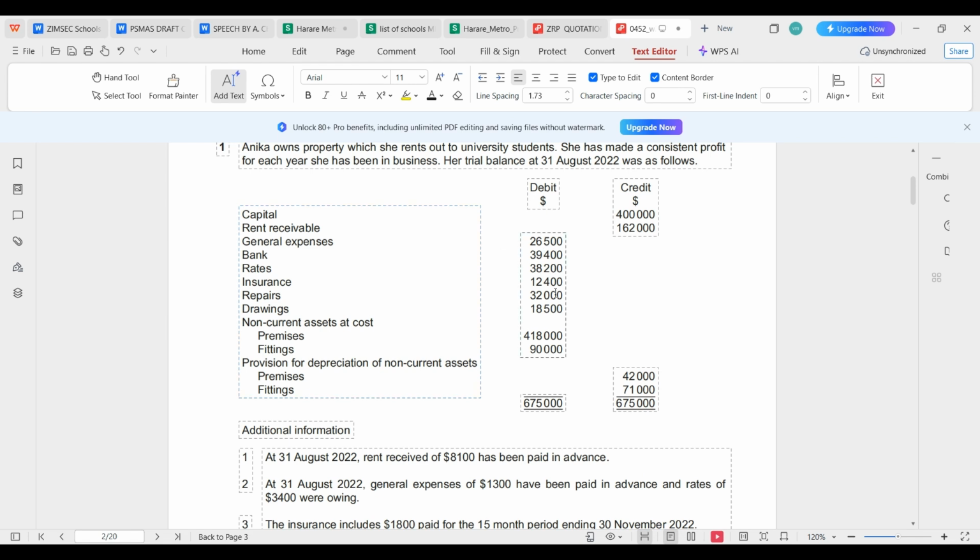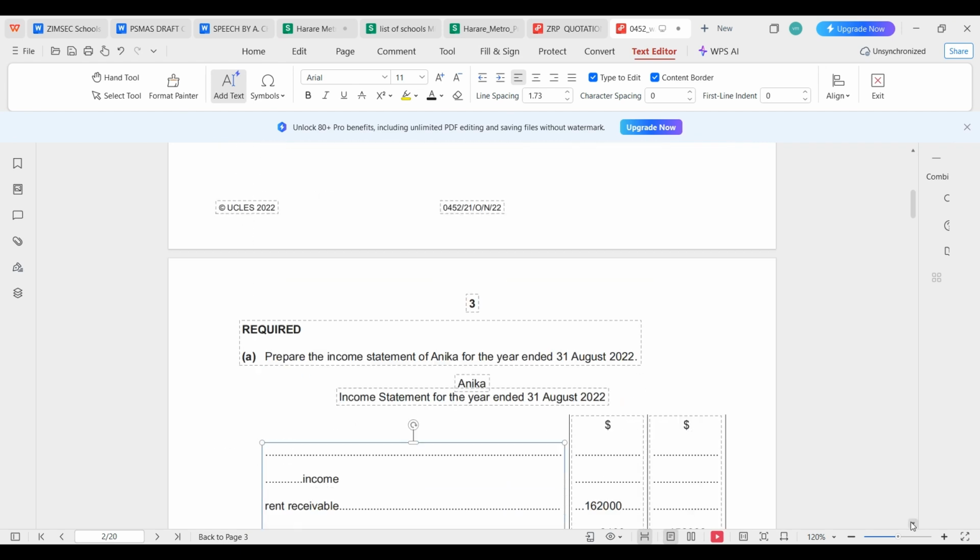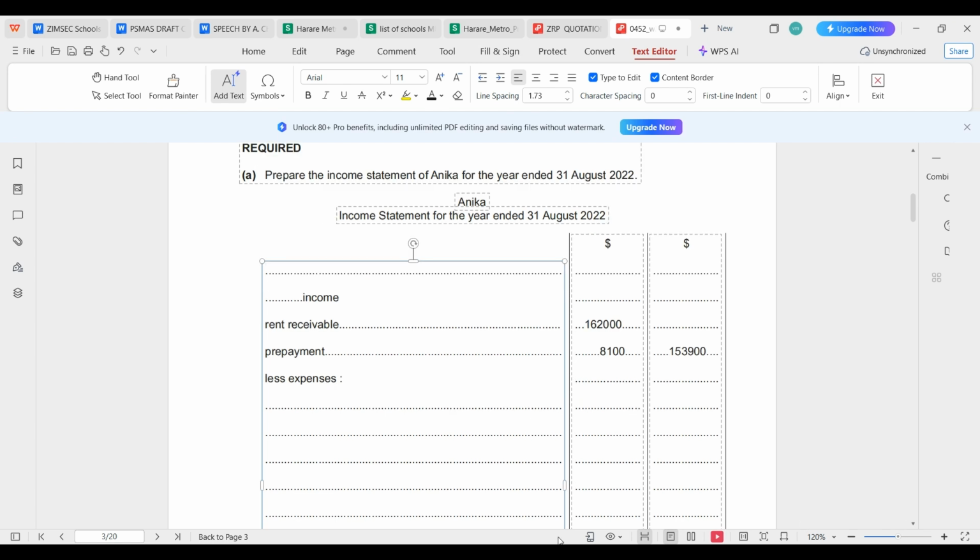But we also have a note that says at 31 August, general expenses of 1,300 had been paid in advance, which means that must be deducted from the 26,500. You see, it's a prepayment as well. So our expenses are going to be general expenses.